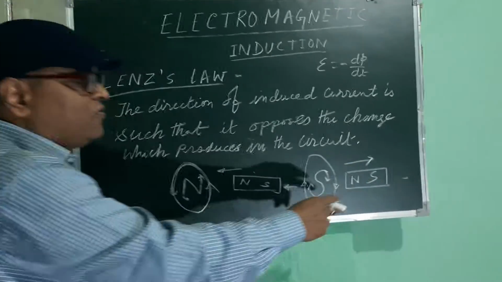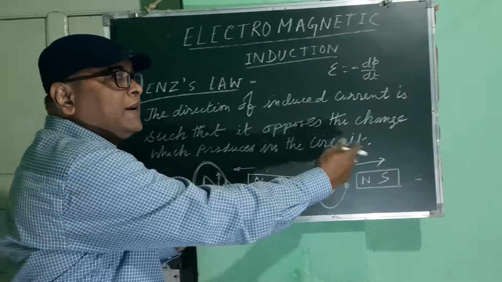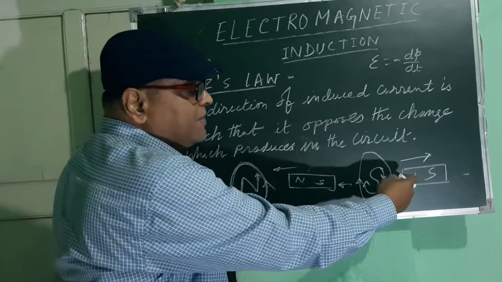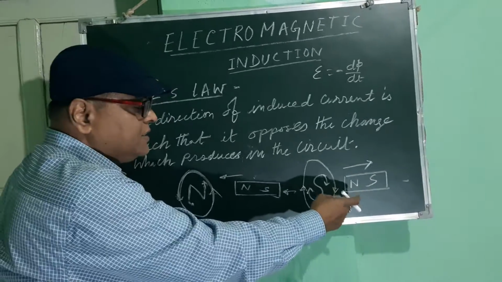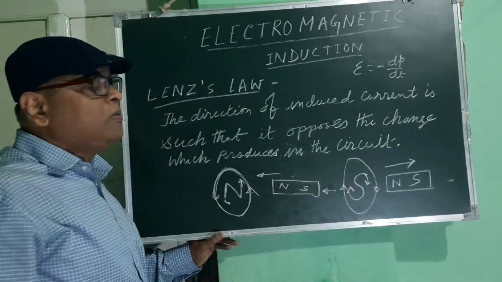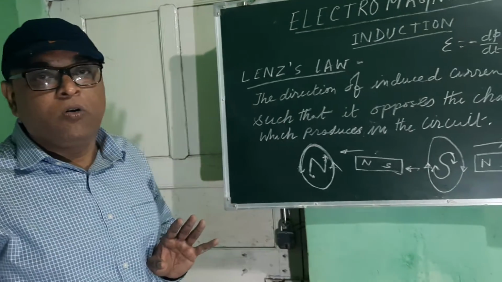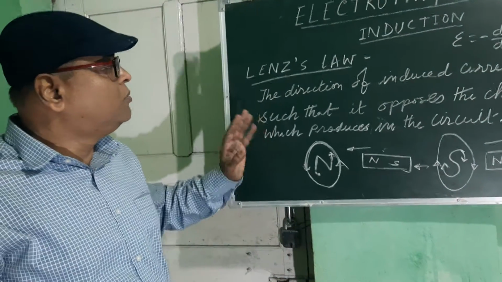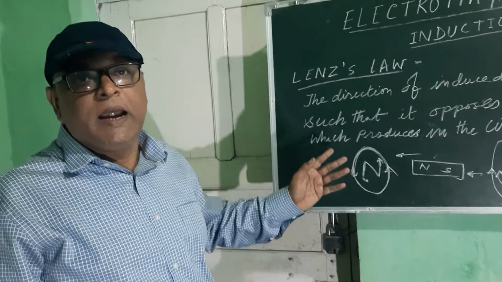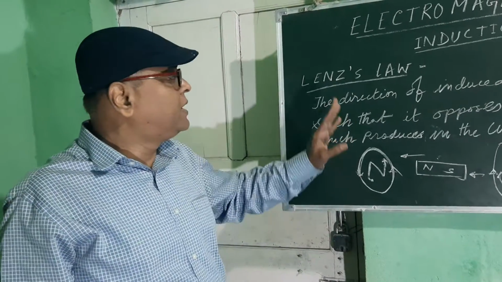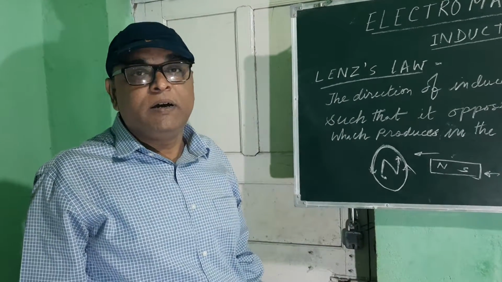That opposing force or energy, that is also mechanical energy, will convert into electrical energy, and that is Lenz's law, and that will help to produce the current. And what the direction will be, we can conclude with the help of Lenz's law.